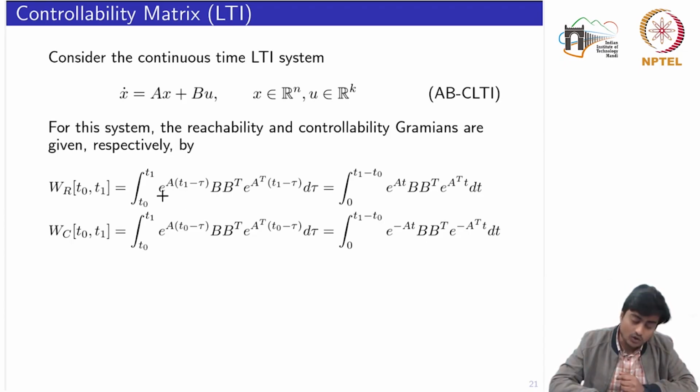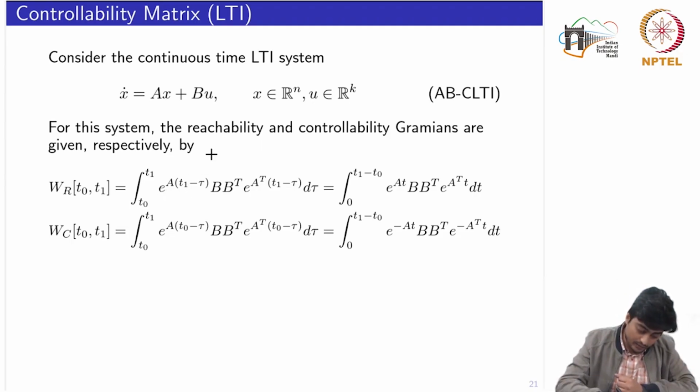We just replace the state transition matrix phi with the exponential matrix with a single argument, t minus tau. If you recall, we would have phi(t1, tau) as the state transition matrix. For the LTI case, it becomes e to the power A(t1 minus tau).